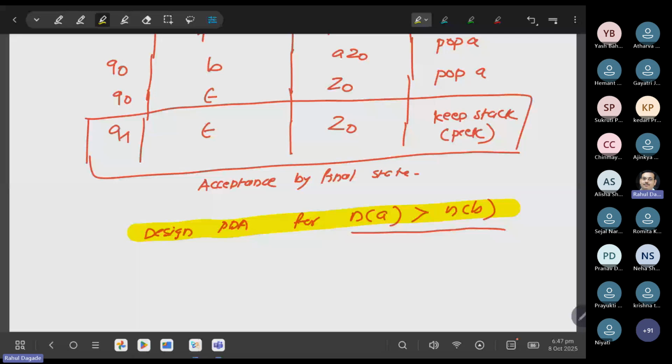Who is topper in your class? Who is coordinator? Sanskruti? Who is topper?